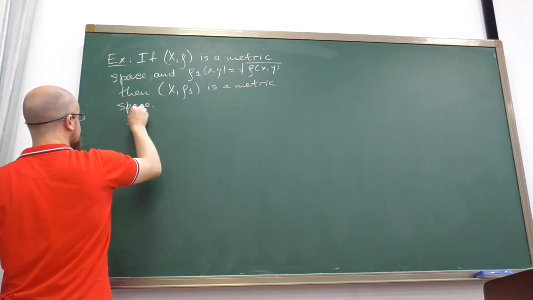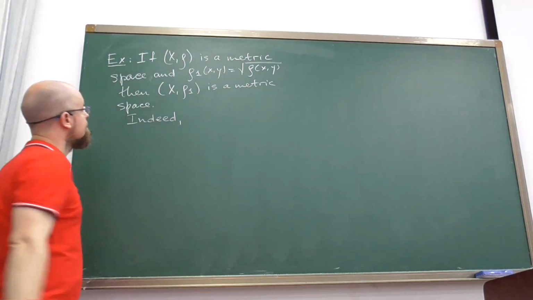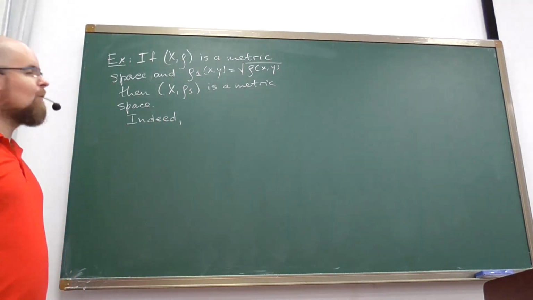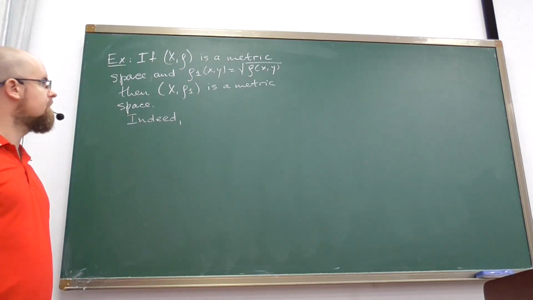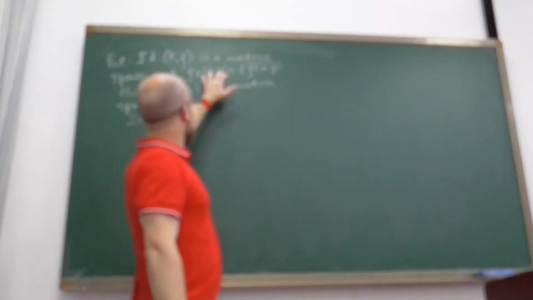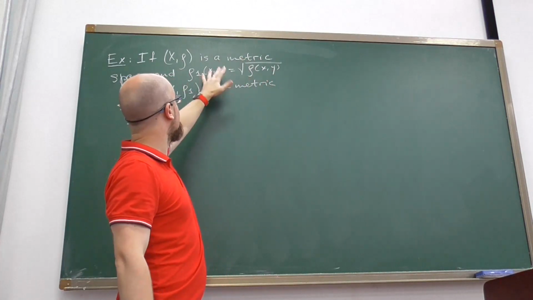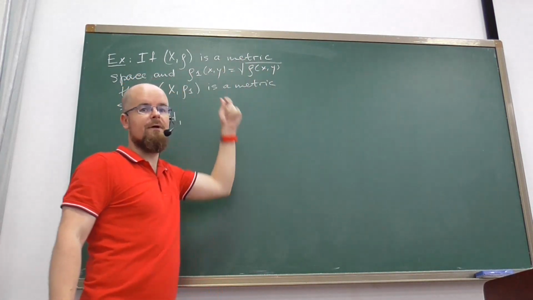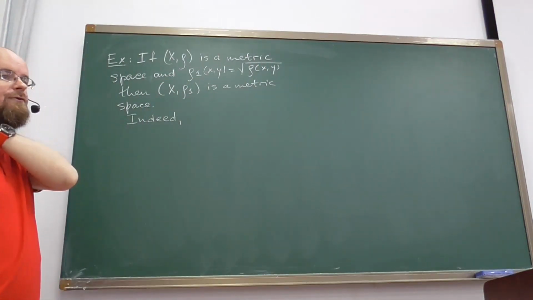Indeed. Axiom 1 and axiom 2 are quite straightforward, because if this is 0, then this is 0. If we can flip it here, we just flip it here, and we get axioms 1 and 2 satisfied.